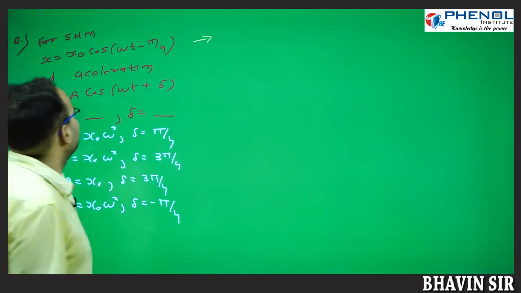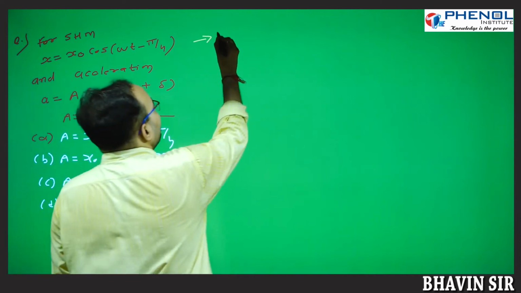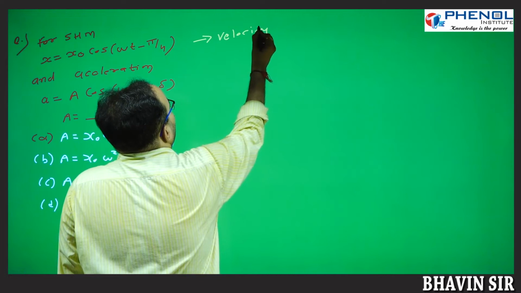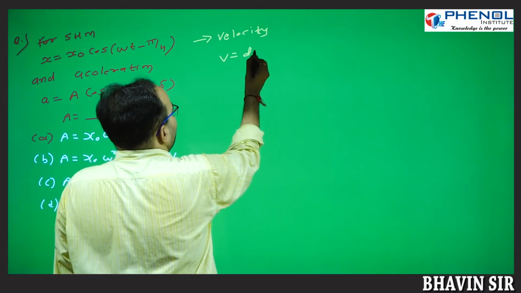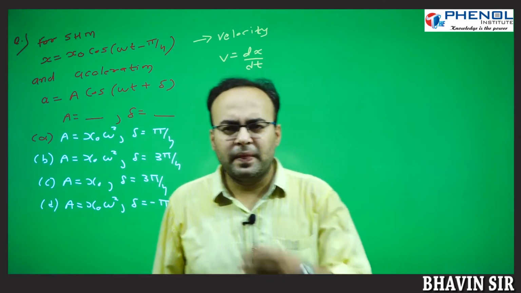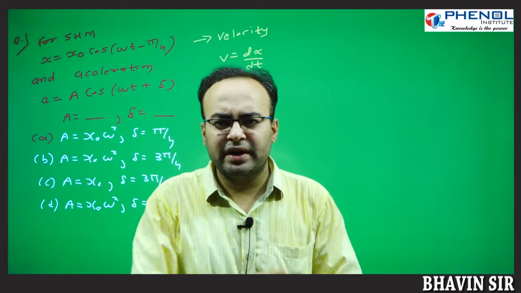So see students, what is x naught cos omega t minus pi by 4? How to find velocity from x? Velocity is equal to dx by dt.